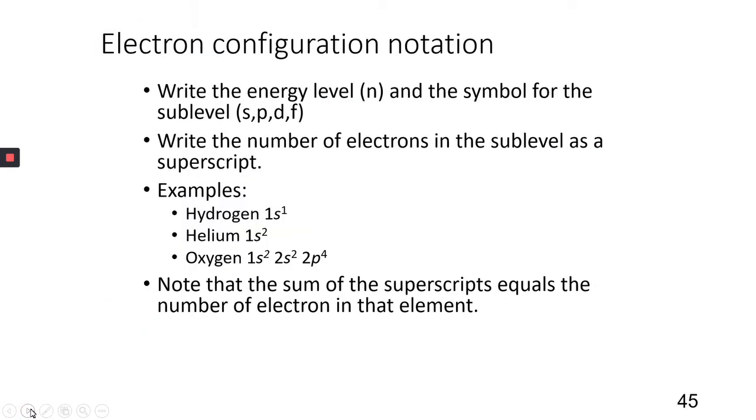So all of this leads to the electron configuration notation, where here hydrogen has 1 electron, and we always fill our lowest first, which is 1s, and there's 1 electron in there. So this 1 in the front is your n, your energy level. s is your sublevel, and the number up here is the number of electrons.